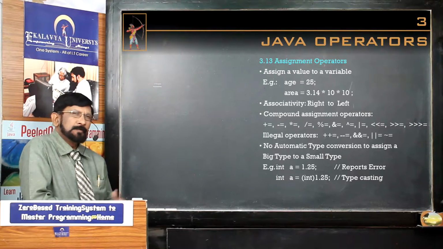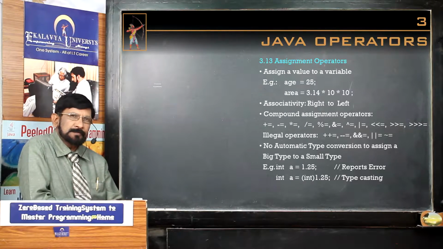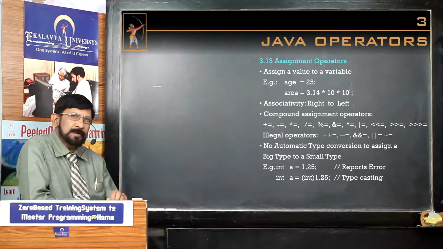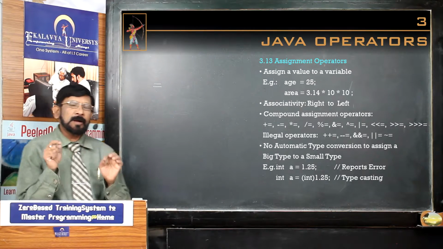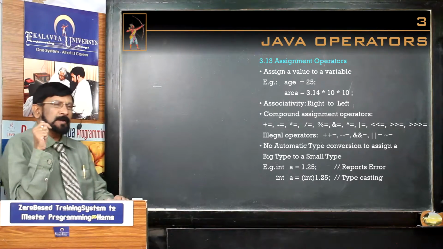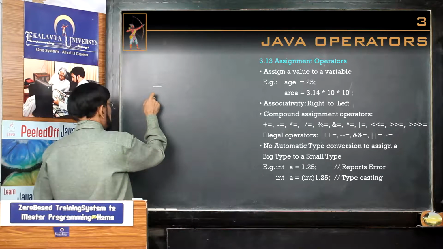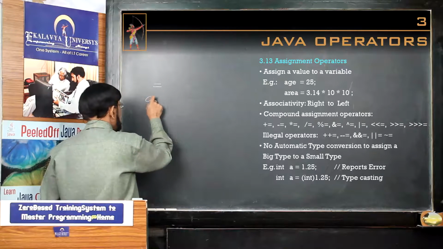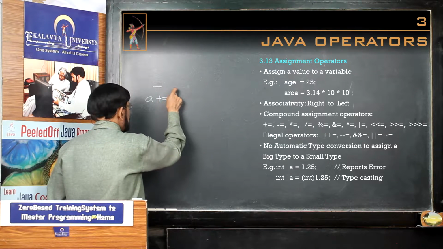But if you take into consideration compound assignment operators, there are 11 compound assignment operators. Java supports 11 compound assignment operators. What are compound assignment operators? Actually, first we have to understand A plus equal to 5.